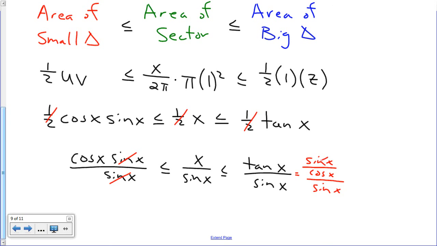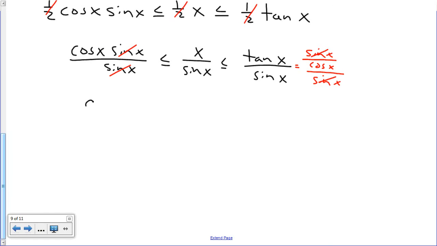So you'll see here the sines will cancel out, which ends up giving you 1 over cosine, or that's actually secant. So let's write it that way. I have the cosine of x is less than or equal to x over the sine of x, which is less than or equal to the secant of x.